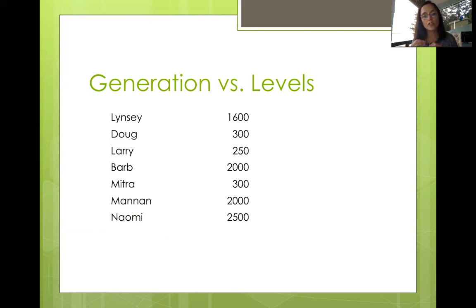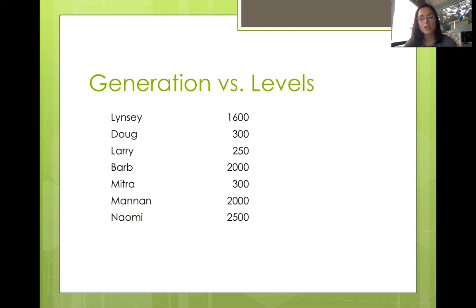Larry's doing 250 with his own orders because Doug and Larry are going sailing. Barb, on the other hand, is kicking butt. She's doing 2,000. Mitra's not so big, she's going sailing with Doug and Larry. Manan is just excited and doing 2,000, and so is Naomi. Naomi's doing 2,500. So when the computer goes down, you can think Lindsay's level 1, Doug is level 2, Larry's level 3, and so on.